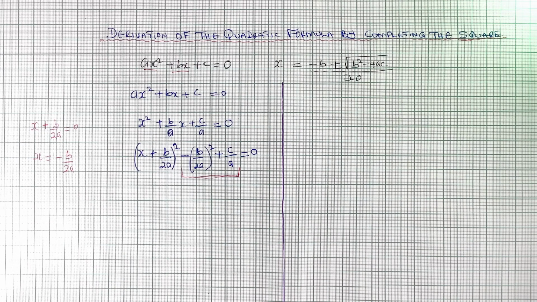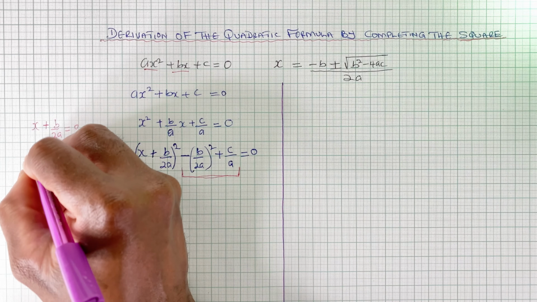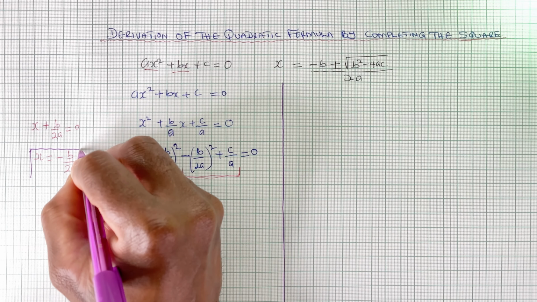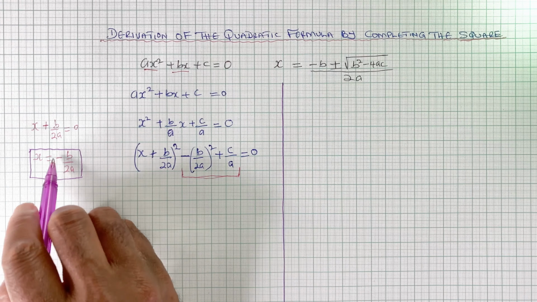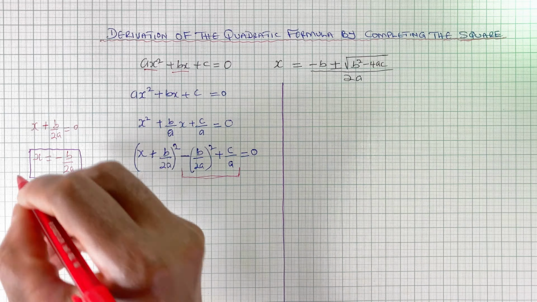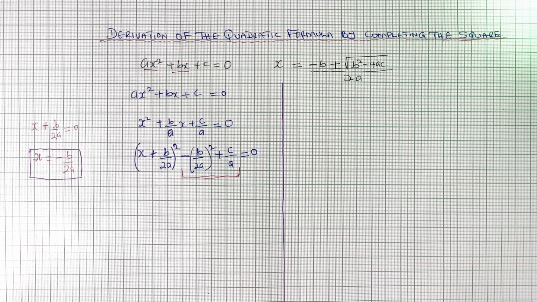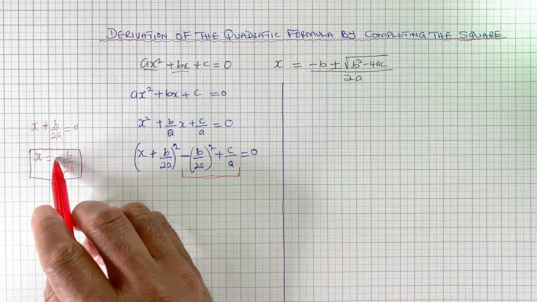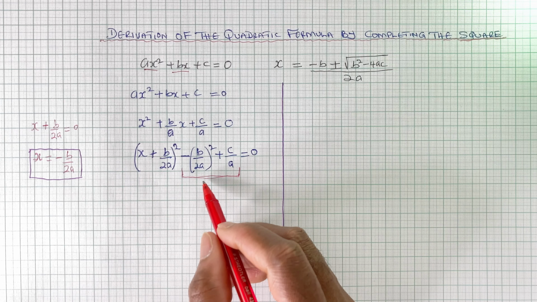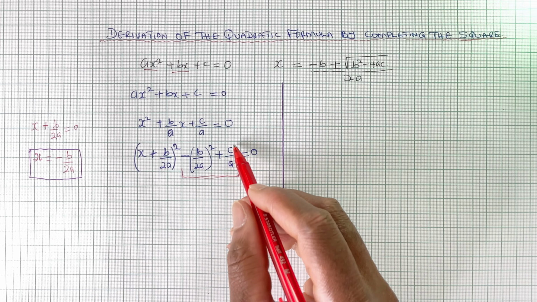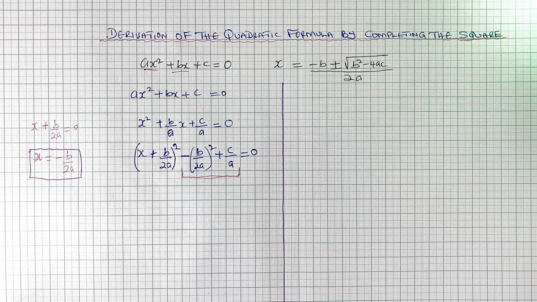So sometimes when finding the turning point, I've used that formula. That's where it comes from. Now x equals minus b over 2a is the x value at the turning point, and the y value at the turning point is this lot here. But we need to carry on with our derivation.